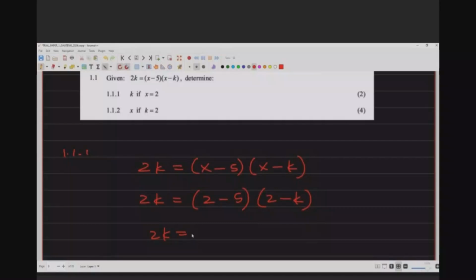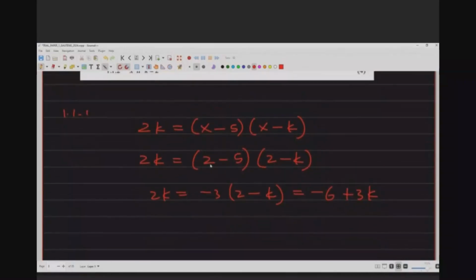And this is 2k equals minus 3, 2 minus k. This is going to be minus 6 plus 3k. And we can move the 3k to the left side. And this is k is equal to 6. Right, so you'll be awarded a mark for simplification as well as a mark for the final answer.